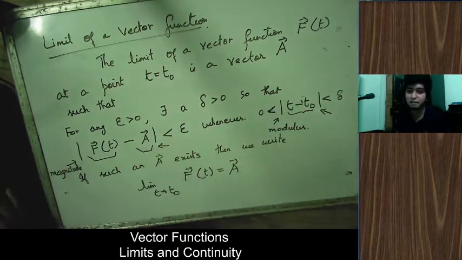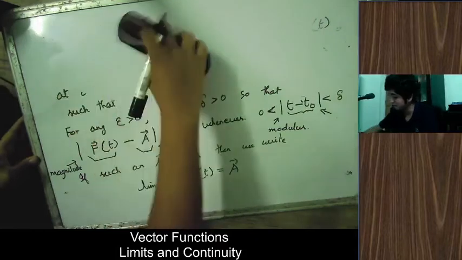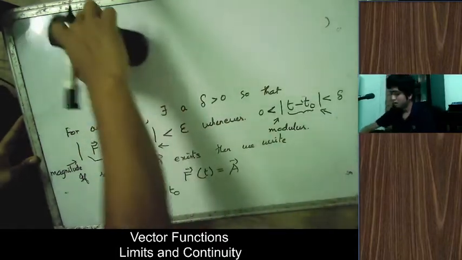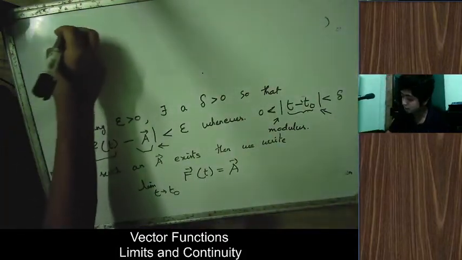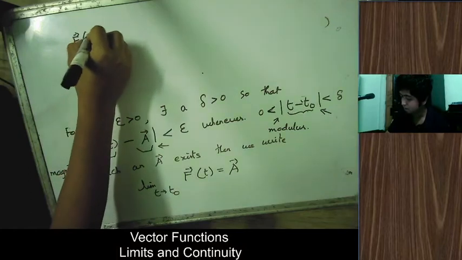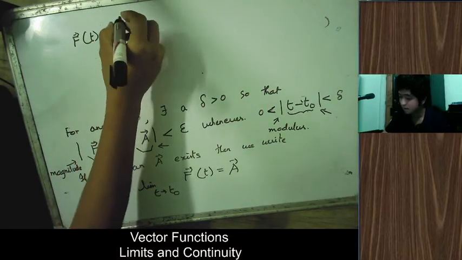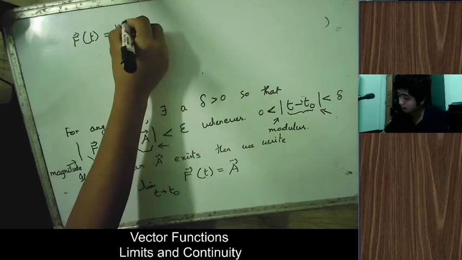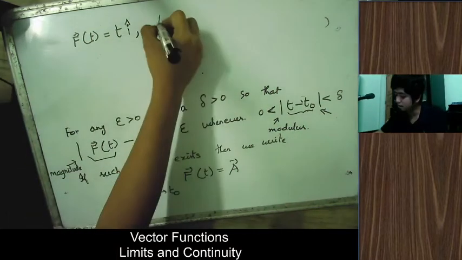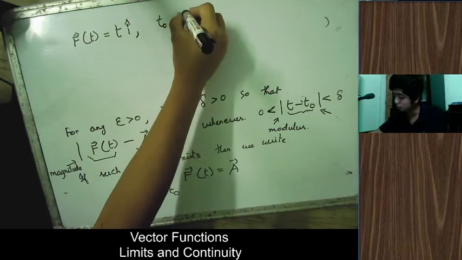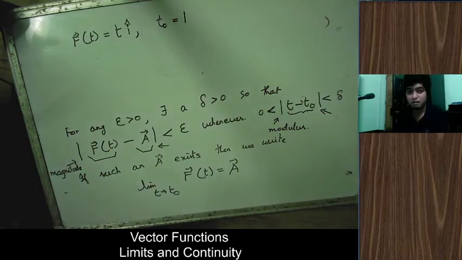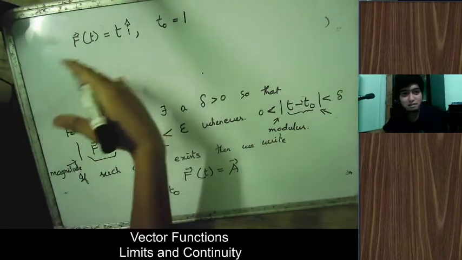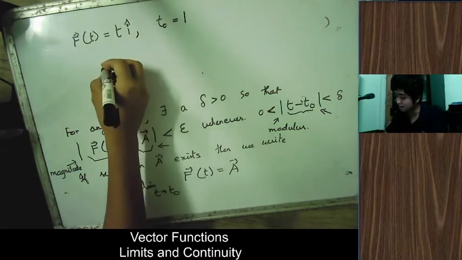So this is the definition. What exactly does it mean? It is very simple. Let us see, I will give an example. Let us take f(t) equal to t i, and t naught is equal to 1. Let us first draw all these vectors.